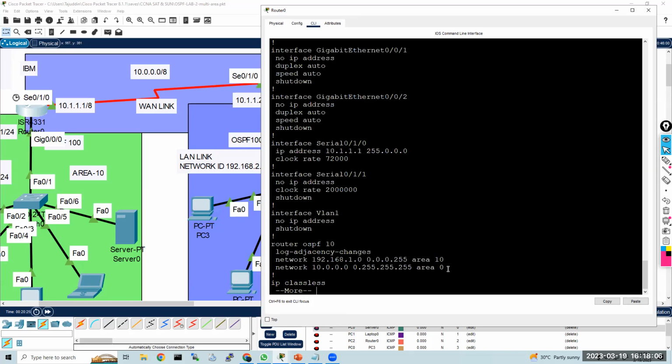Yeah, so this is what we configured. Router OSPF 10, network, and we have given the wildcard mask. The 1.0 network is in area 10, and the 10 network is running under area 0. Here, no problem with the configuration.